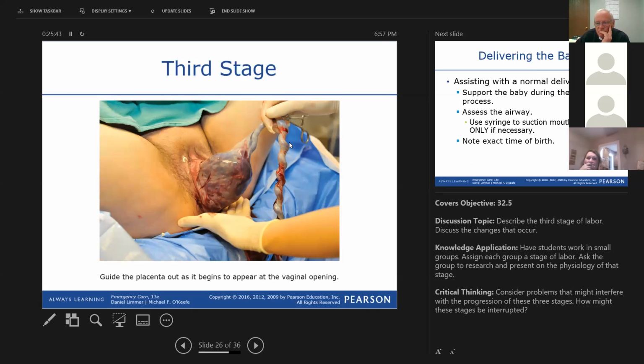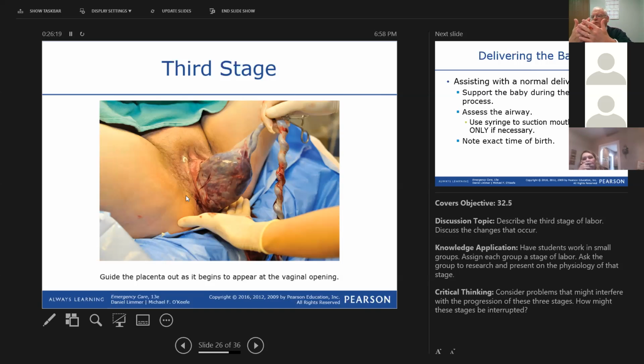Don't pull on it. If the placenta is still adhering to mom's uterus, for whatever reason it didn't detach yet, or time inflation makes you think it should have come out by now, you pull on it, and if it's still attached to mom's uterus, you're going to invert her uterus, and it's called prolapse uterus, and that will probably kill her, because the blood vessels in the uterine muscle, if these are muscle fibers, my fingers, you can see it, and this is a blood vessel, it goes perpendicular.